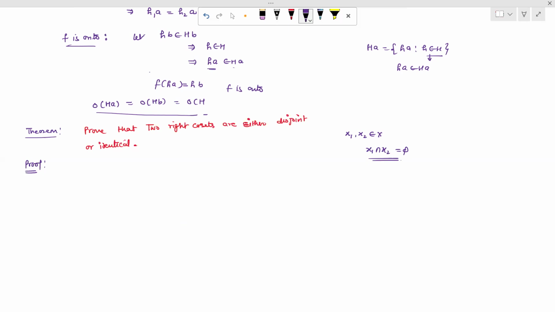So for proving this theorem, we consider HA, right coset of A, and HB, right coset of B, be any two right cosets of H in G. So we consider, if possible, right coset of A intersection right coset of B is equal to φ.